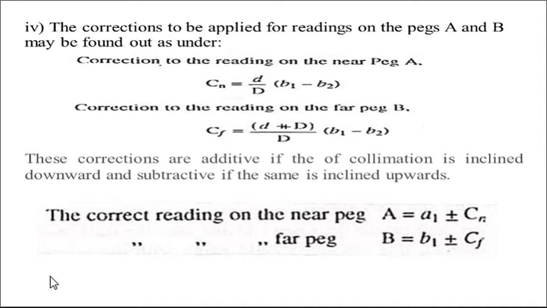Hence the correct staff reading on the near peg A is equal to A1 plus or minus Cn, and the correct staff reading on the far peg B is equal to B1 plus or minus Cf.